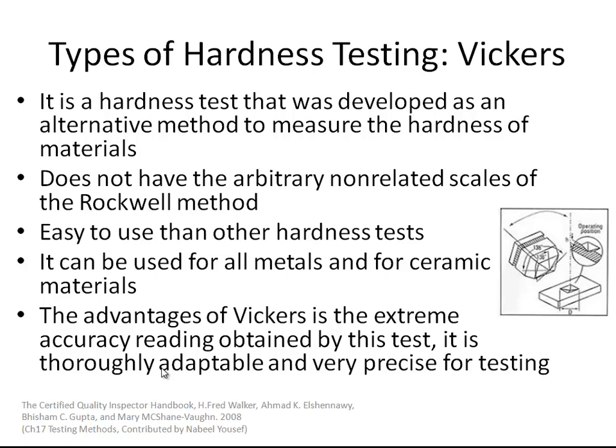It can be used for all metals and for ceramic materials. The advantage of Vickers is the extreme accuracy of the reading obtained by this test. It's thoroughly adaptable and very precise for testing.